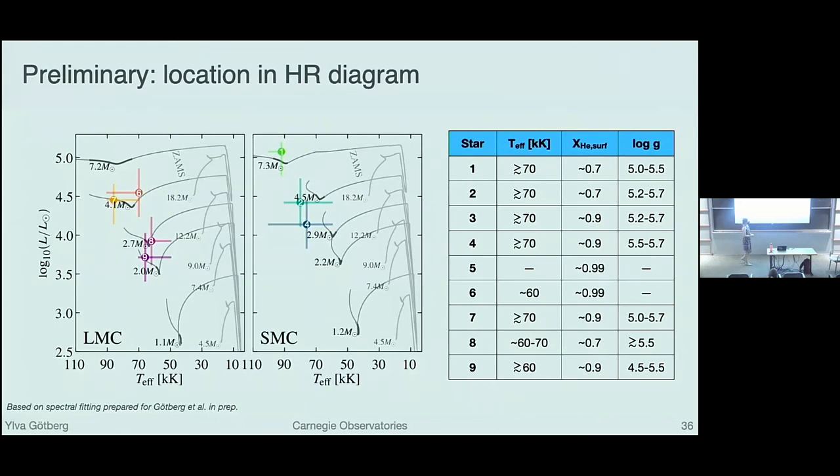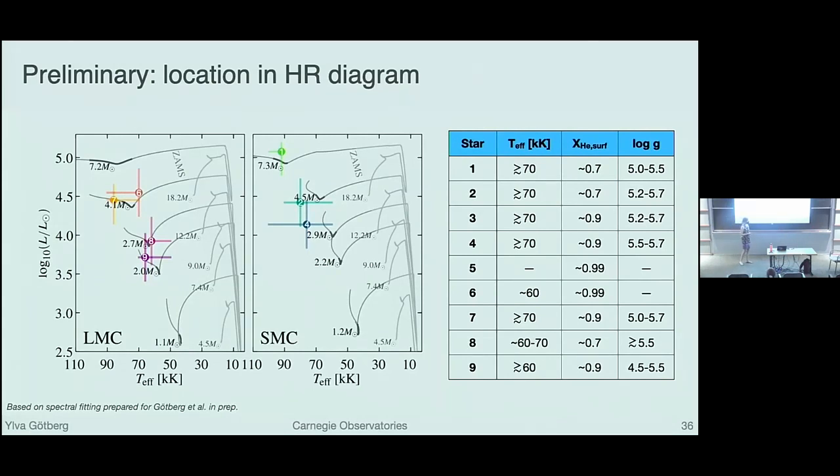Really dense: main sequence stars have a maximum log g of about 4, while this is 5.5. And when you put them in the HR diagram, they overlap nicely with 2 to 8 solar mass stripped stars. It typically corresponds to about 8 to 20 solar mass progenitor stars.